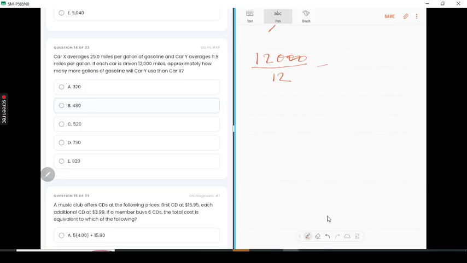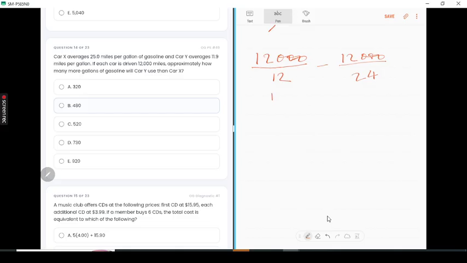Minus the same 12,000. If we divide by 12 instead of 25, remember the answer we should have gotten should have been a bit lower instead of higher.